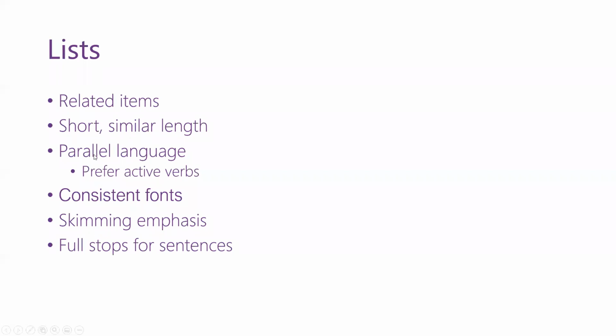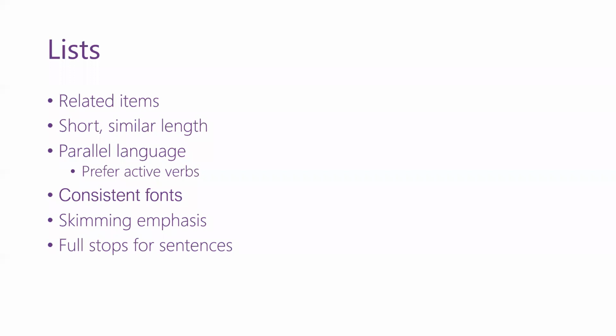Language has to be parallel in all of the lists, and this definitely goes for all points within one list, but it also goes for all the lists in the content, in the text. Okay. Use consistent fonts. If you look at this particular list, just one look will tell you that the point "consistent fonts" looks slightly different.